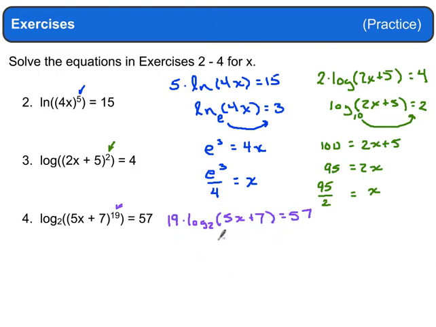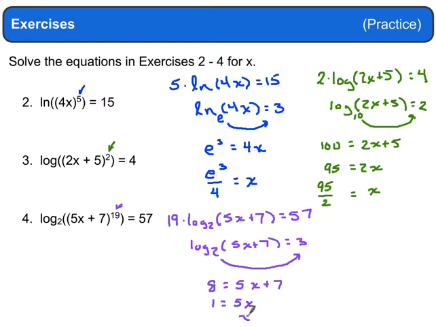And when we divide 19 to the other side, we end up with log base 2 of 5x plus 7 equals 3. So we'll scoop this over. 2 to the third is 8, so 8 equals 5x plus 7. We minus 7 to the other side, you get 1 equals 5x. So x is going to equal 1 divided by 5, or 1/5.